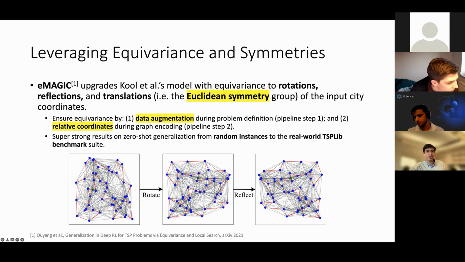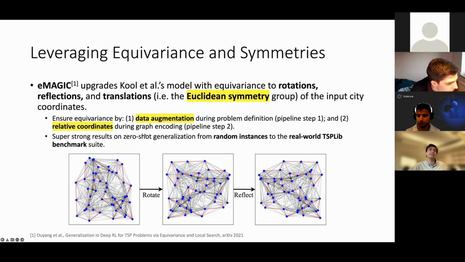Like you're routing in the real world essentially. So it shouldn't matter how you rotate or reflect or even translate this set of coordinates. It shouldn't matter to the final solution, so the final solution kind of rotates or reflects along with the coordinates here.